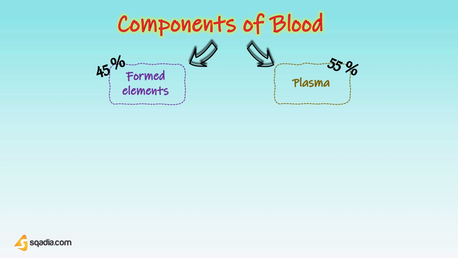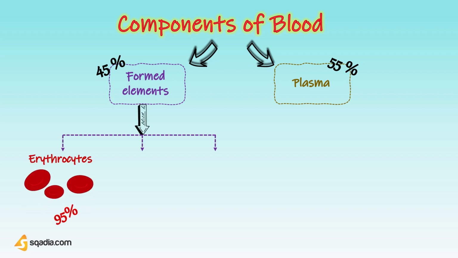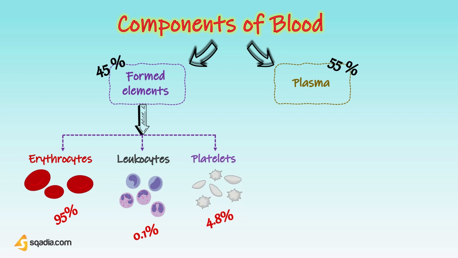Formed elements of blood are actually the cells and cell fragments found in blood, such as erythrocytes or red blood cells, 95%, leukocytes or white blood cells, 0.1%, and thrombocytes or platelets that make up 4.8% of formed elements.